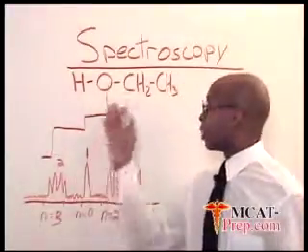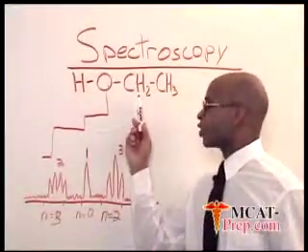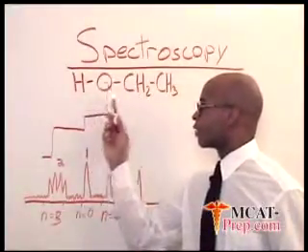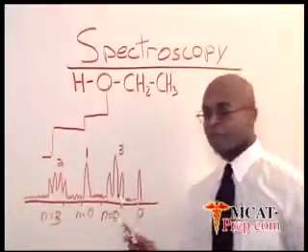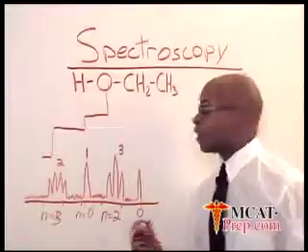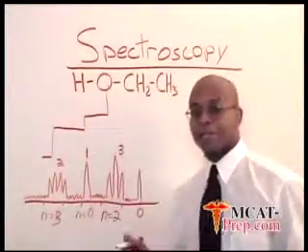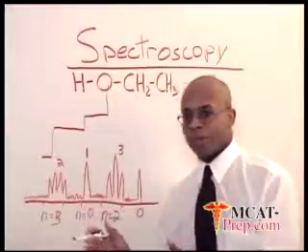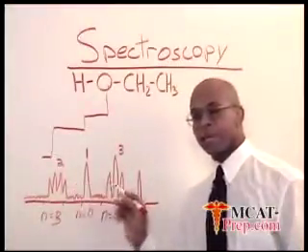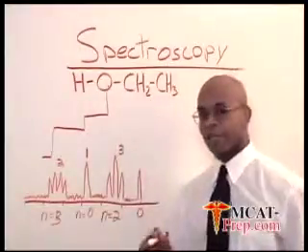And indeed, when we look at the compound ethanol, we see that there are 2 hydrogens here, 1 in this environment and 3 in this environment. We know that there are 3 environments because there are 3 sets of lines. We know that there must be 1 to 2 to 3 hydrogens in these 3 environments because of the relative areas underneath the curves, 1 to 2 to 3.